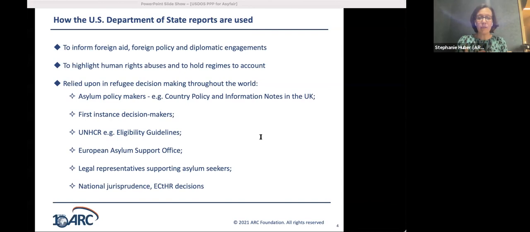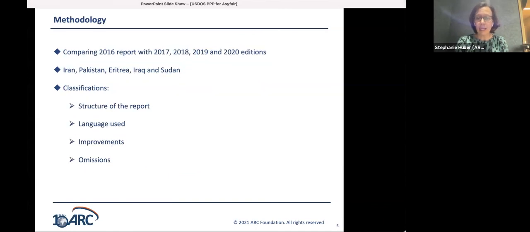The 2017 reports had in general become shorter, and certain sections were removed or renamed, significantly altering the content of the reports. So we decided to conduct a line-by-line analysis of 5 of the 2016 reports produced under the Obama administration compared to those published in the 4 subsequent years under the Trump administration, to highlight changes in respect to the structure of the report.